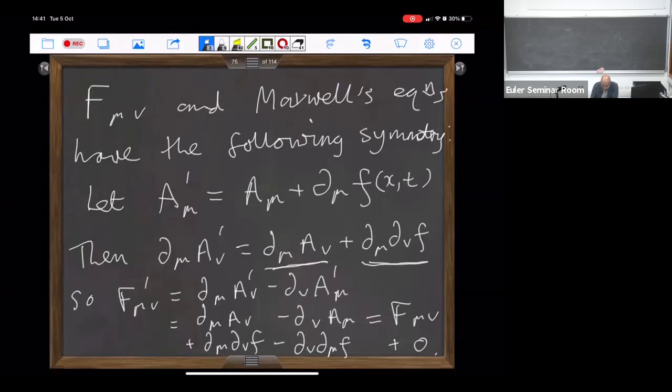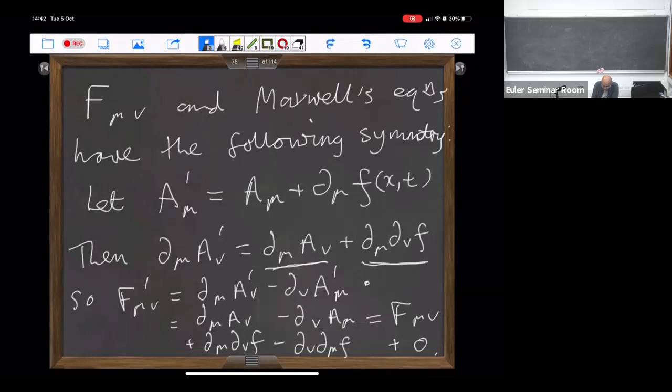And now let's compute F mu nu prime. Well, that's just given by the first line of this formula, but using the line above, I can do the calculation. So I'll get d mu A nu minus d nu A mu, which is my old field strength.